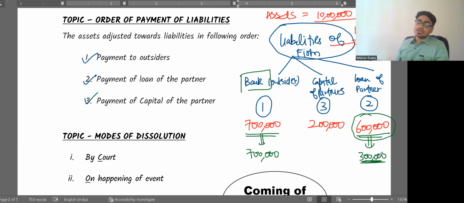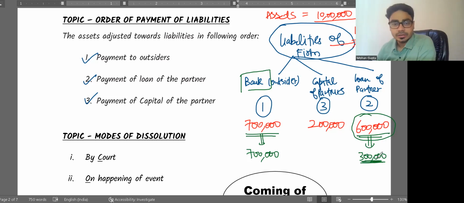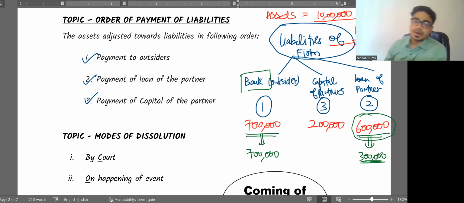Actually, it is a possibility that the remaining 3 lakh will be paid out of partners' pockets, but it depends. If the partners have that much money with them, they will pay. Otherwise, the 3 lakh will become the loss for the partner, and he will not be able to receive it. If the other partner has any money, he can contribute towards that.